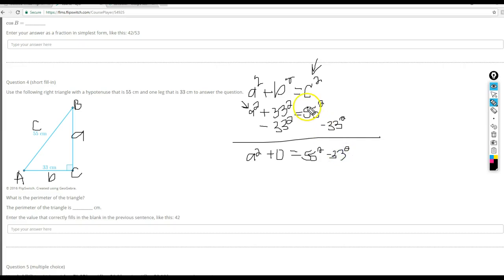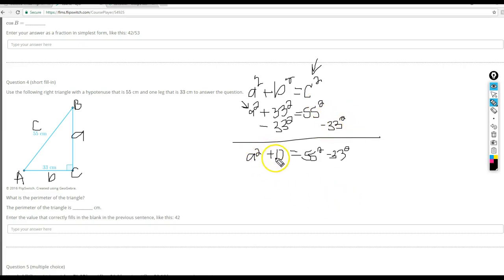The reason I didn't take 55 and subtract 33 is because 55 is being squared, and exponents are higher on the order of operations than subtraction is. So I would have to do my exponent first before I subtracted 33 squared.